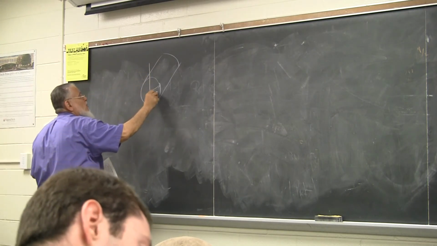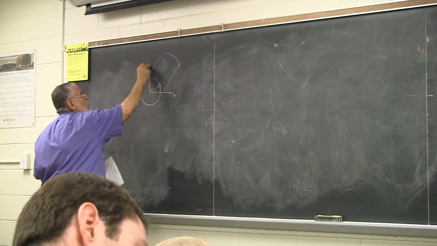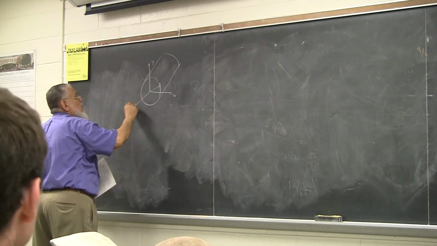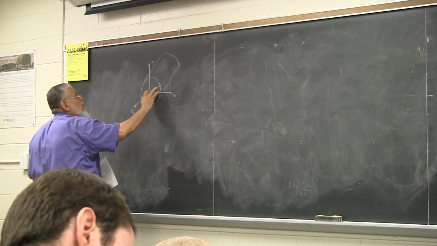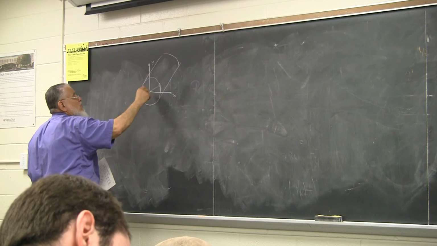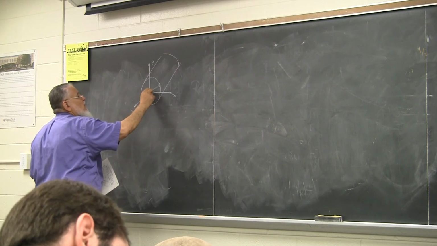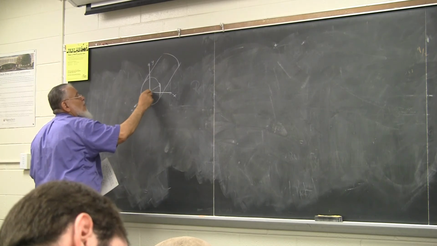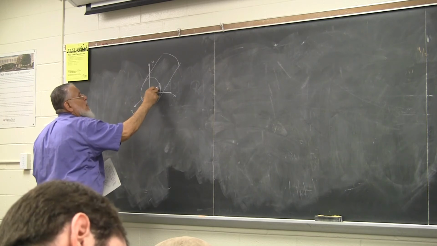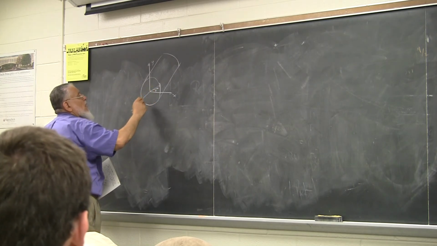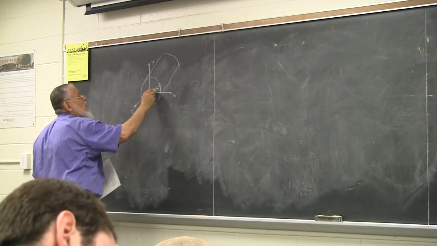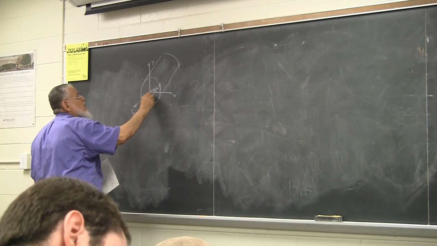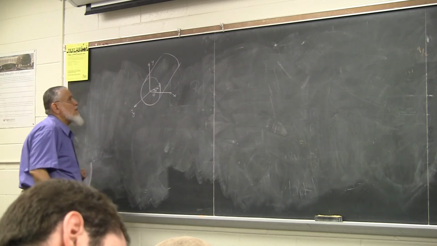So if I do my coordinate system like that, that's your x, y, and z. The cross section here will have the rho, and the angle phi is the angle with the x-axis. Right?